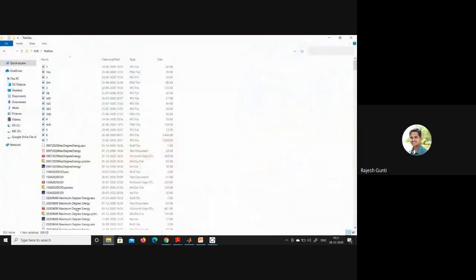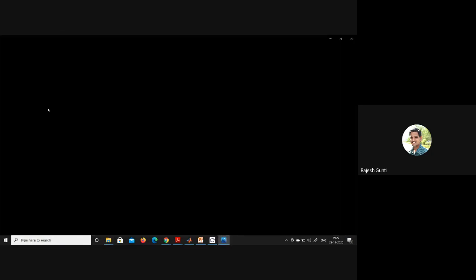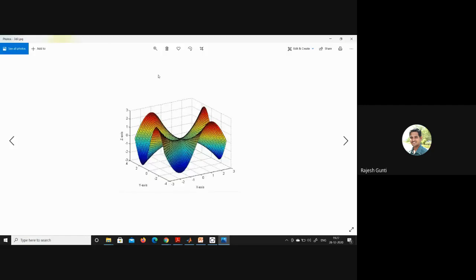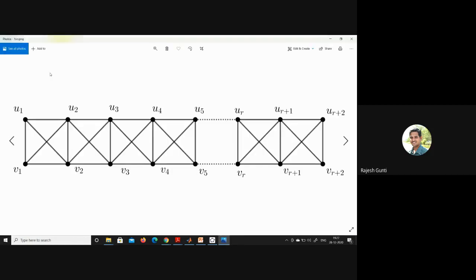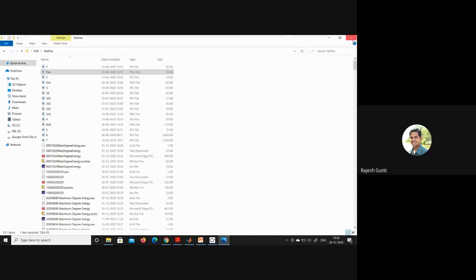All these diagrams I have drawn using GeoGebra software. It is better to take GeoGebra if you want to draw this type of diagram. You don't use MATLAB, you depend on another software. Many are available, and one among them is GeoGebra.